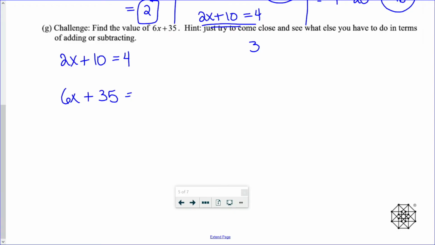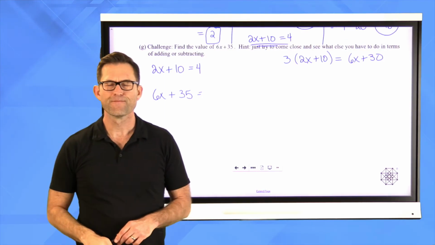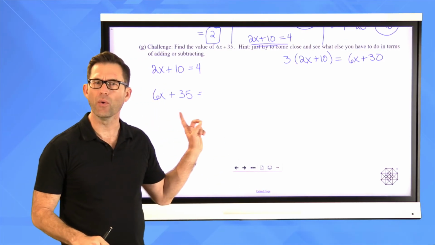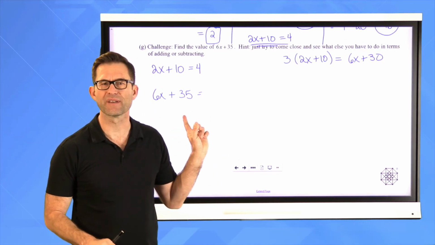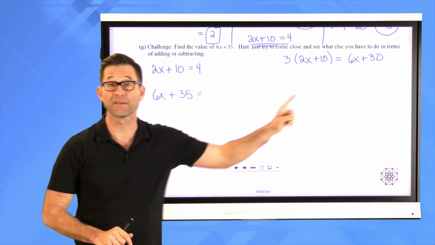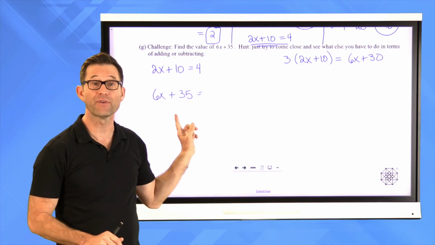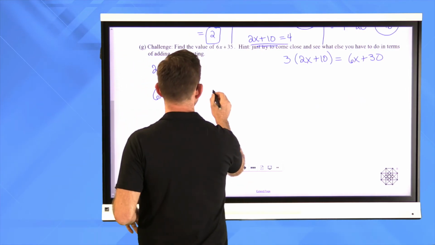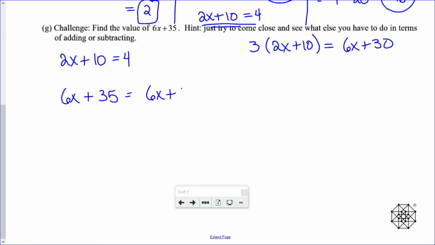But if I take 3 and I multiply it by 2x plus 10, maybe this is the thing that we're doing on the side of our paper, we would get 6x plus 30. And 6x plus 30 is close to 6x plus 35, but it's not quite there. But yet I could get 6x plus 30 involved. In fact, I could say 6x plus 35 is 6x plus 30 plus 5.